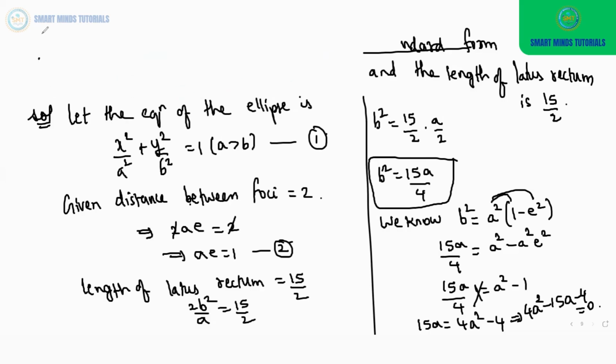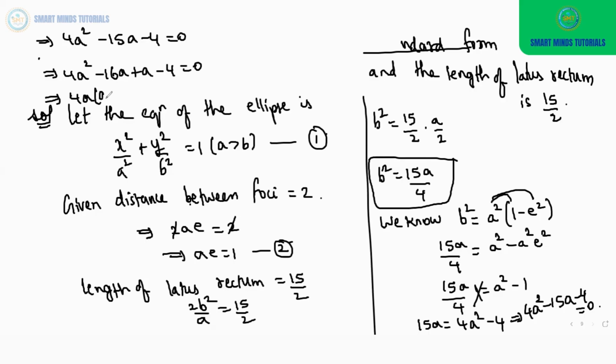Now you see we got 4a square minus 15a minus 4 is 0. We are splitting the middle term such that you should get 16 if you multiply. So 4a square minus 16a plus a minus 4 is 0. If I take 4a common, a minus 4. 1 common, a minus 4.